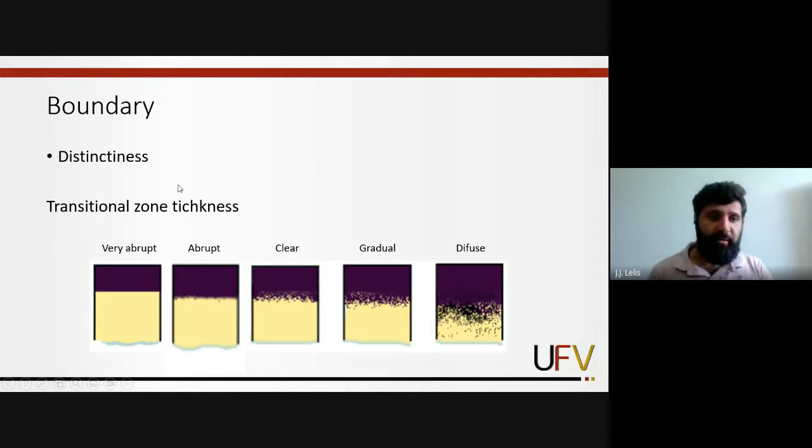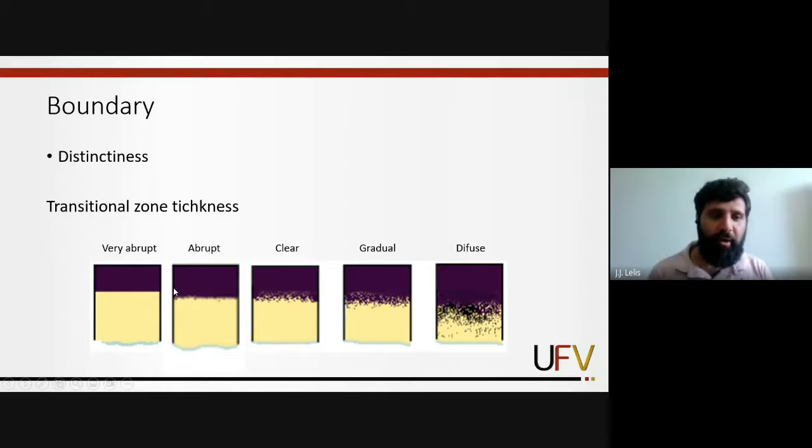So I can see the distinctness of these boundaries, the change of one horizon into another horizon, and I can see how this change occurs and understand that this transitional zone thickness expresses the soil genesis and how this material was deposited and changed by organisms and the other soil formation factors.